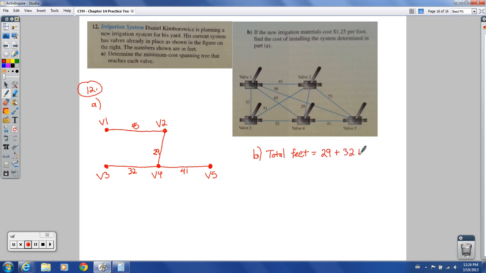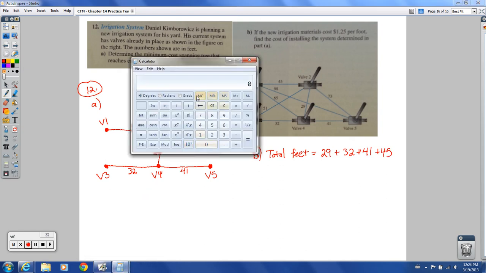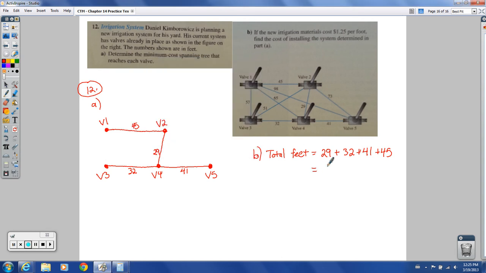29 plus 32 plus 41 plus 45. Let's see what that gives me. I'll open the calculator. There we go. 29 plus 32 plus 41 plus 45 is 147. So the total number of feet is 147 feet. And now it's $1.25 per foot.